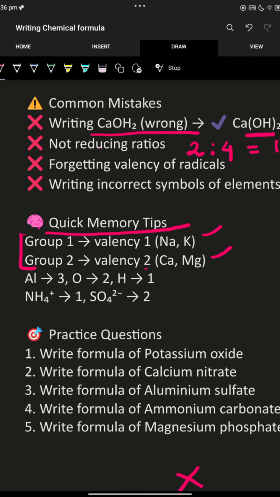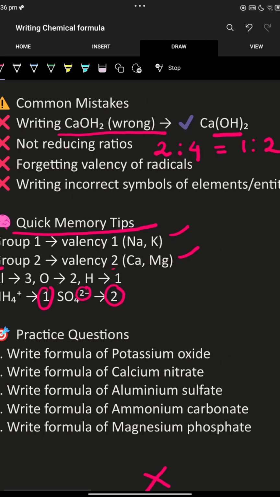Here also there are tricks from the periodic table, but as a beginner you have to remember the valency, like Al3, aluminium, oxide 2. So H plus, NH4 plus means 1, SO4 2 minus means 2.